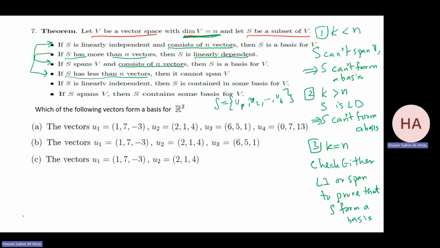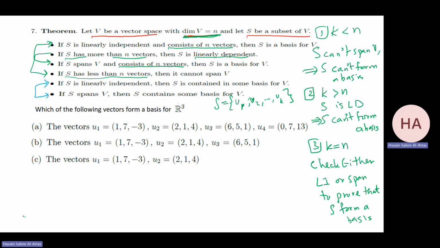How to check linear independence? Through the determinant, since I have the same number. Okay, so let me apply this. Before I apply this, these two mean what?